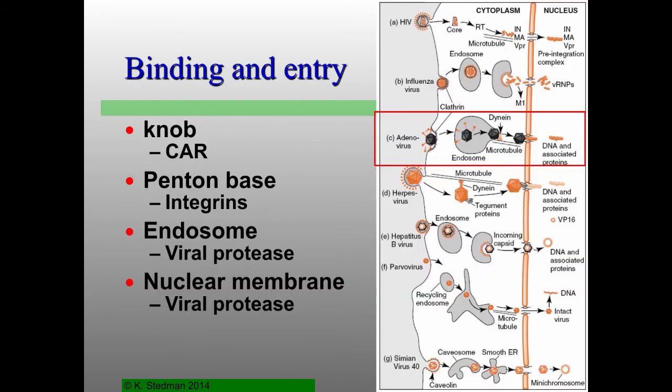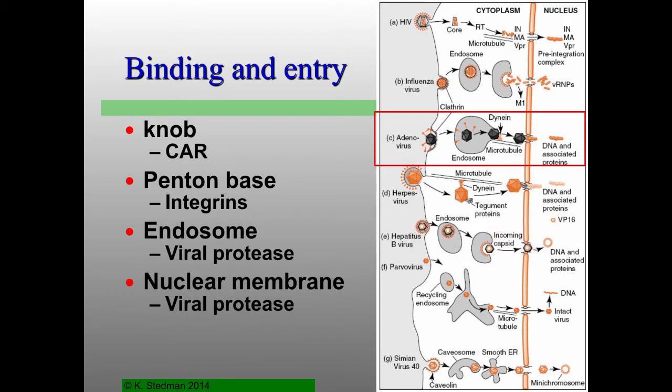Binding and entry. This is a really nice figure that I keep harping on all the time, not just for adenovirus, but also for herpesvirus, HIV, SV40, parvoviruses. It's a really nice way of getting an overview of the entry processes.